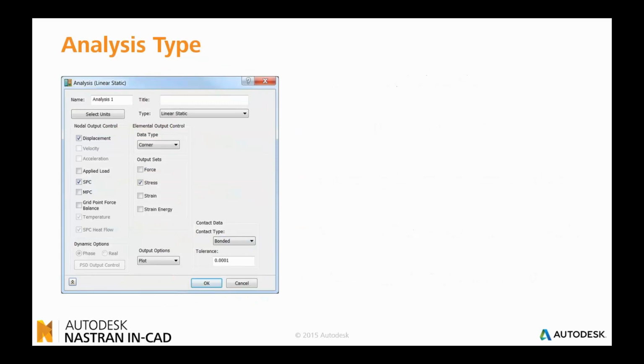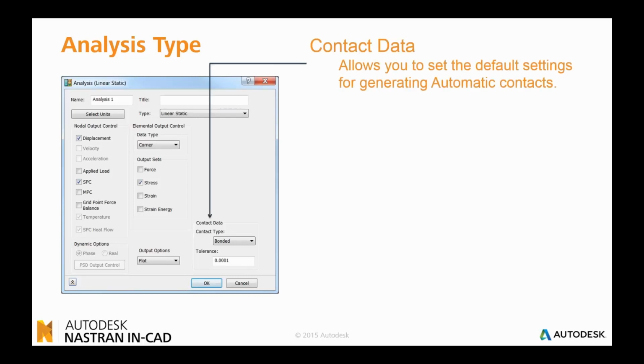So how do we define these contacts in the context of using Nastran In-CAD? Well, first of all, I want to point out the fact that when you create a new study, in this case it's a linear static study that we've created, we have an option here for contact data. And this is where you set up the default settings for generating your automatic contacts.